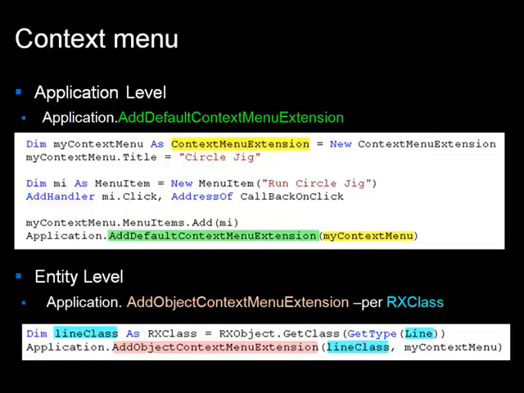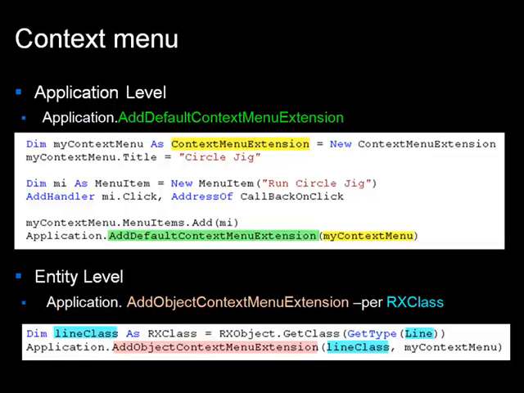The class for a context menu is called ContextMenuExtension, and it has properties such as the title. The ContextMenuExtension class also has a collection of menu items. Here a menu item named MI is created, and the constructor for it takes a string. And this will be the text that the user sees on the menu item.